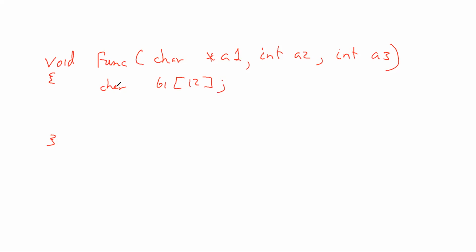Notice that, okay? Because this is important. This is a small space in memory, only 12 characters or so, buffer 1. I also have int B2, int B3, and these are local variables.